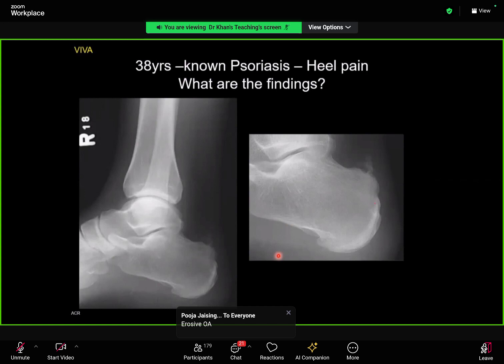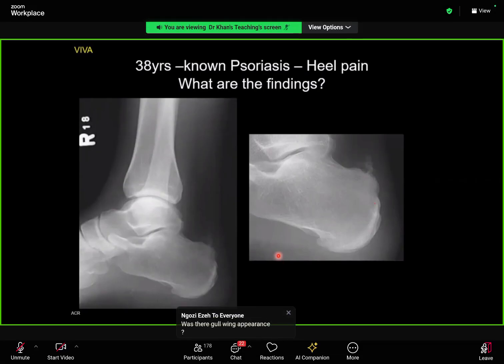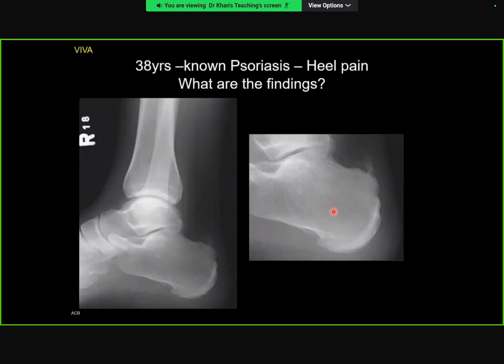So I can see there are erosions involving the upper part of the calcaneum. I want to look for the soft tissue swelling. What is this? That's the Achilles tendon attachment and erosion.